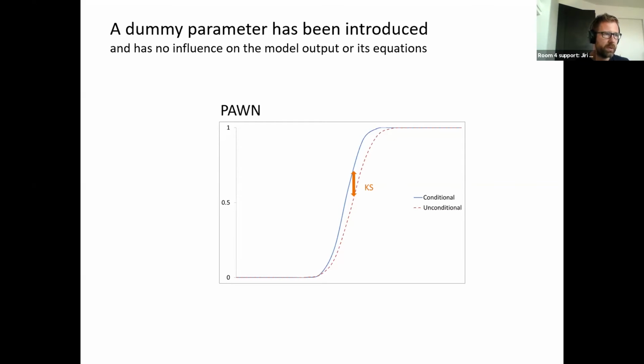That gives you how influential that parameter is, because if there is a higher distance, then the parameter is of course more influential. In theory, if there is no influence at all of a certain parameter, we would see that those two would be the same. So actually, both would be unconditional.